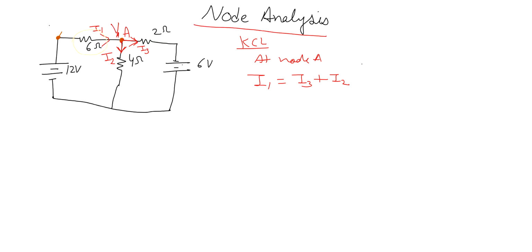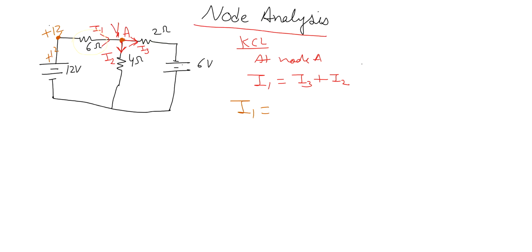So the voltage drop across this 6 ohm resistor is the voltage at this point minus voltage VA, divided by the resistance 6 ohm, will be I1. So the voltage here is plus 12 volt because this is positive. So the voltage at this point is plus 12 volt. Voltage at point A is VA.